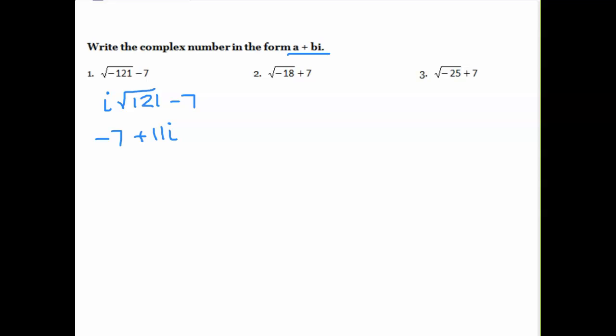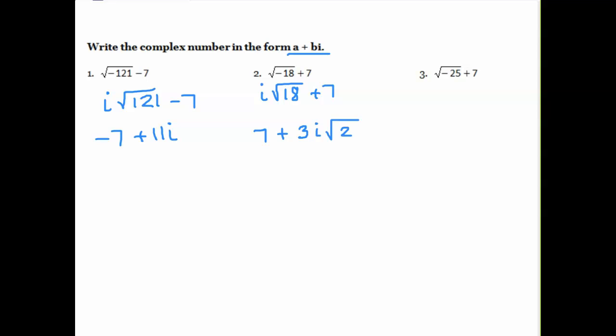Number 2, the square root of -18 becomes i times the square root of 18, plus 7. So once again, we rewrite it as 7 plus, and we simplify 18. 18 is 9 times 2. The square root of 9 is 3. So we get 3i square root of 2.